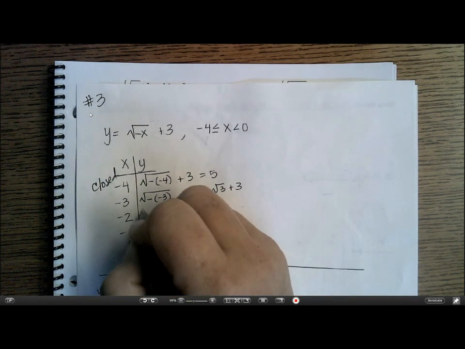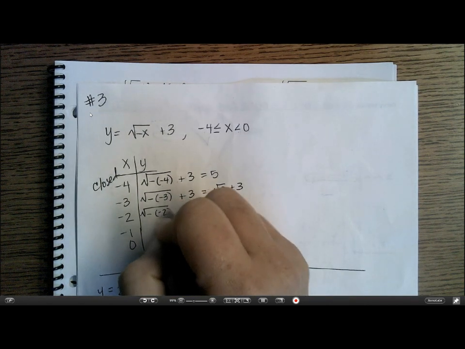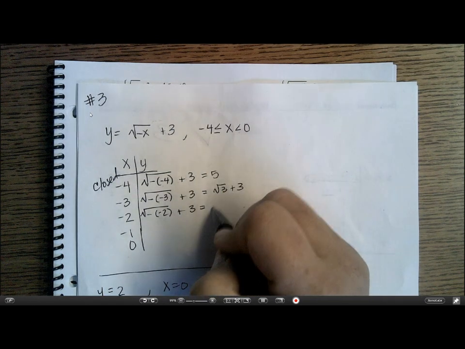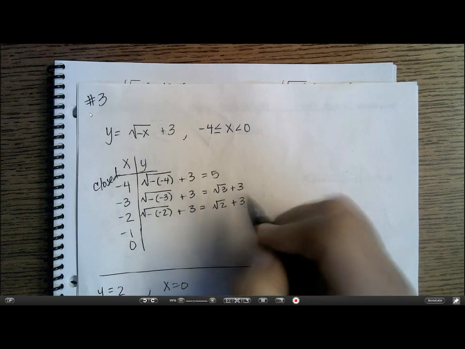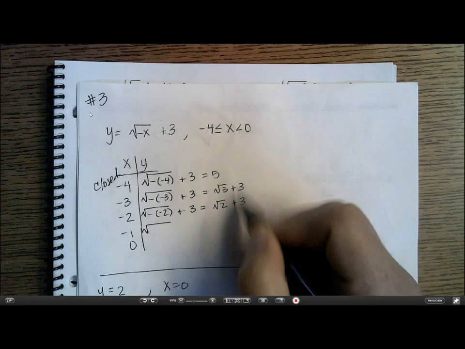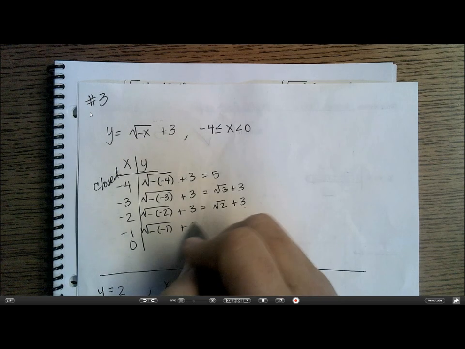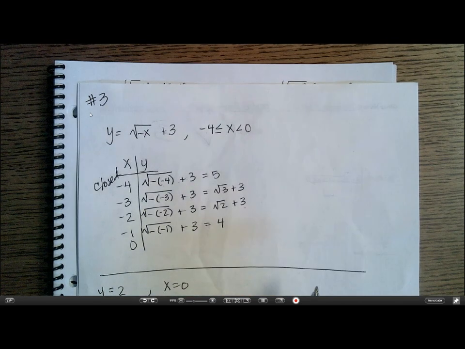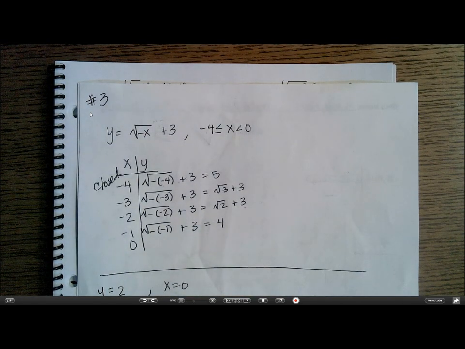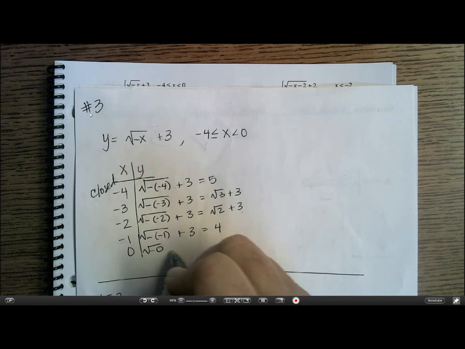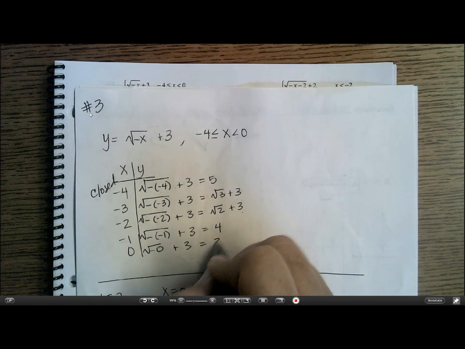So I'm just going to keep going and evaluating until I get something that kind of makes sense, and then I can always estimate these values if I needed to. So here's going to give me 1 plus 3, which is 4. And then I've got 0 plus 3, which is 3.